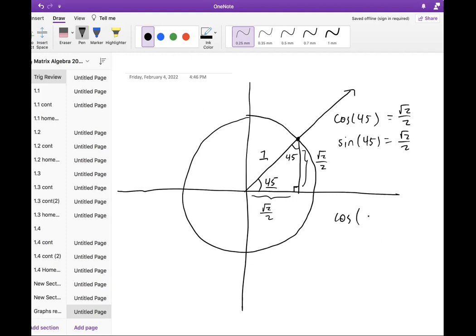Cosine of pi over 4 must equal radical 2 over 2, and sine of pi over 4 must equal radical 2 over 2. All right. Questions about that?